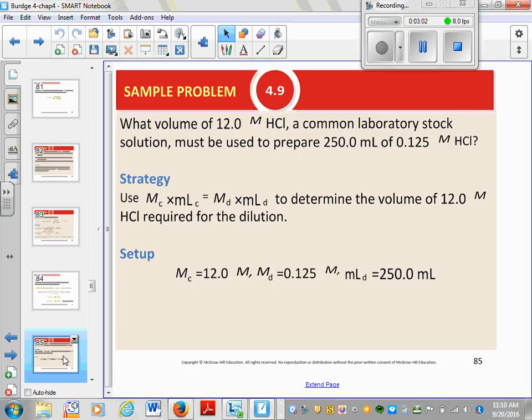We want to know how much we need. So we're still going to have milliliters we need to use. So what is the molarity of the final solution we want? 0.125. And how much of it do we want? 250 milliliters.